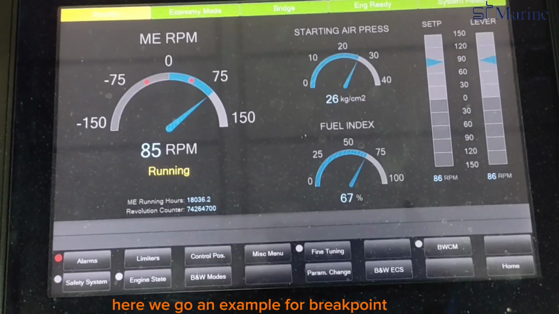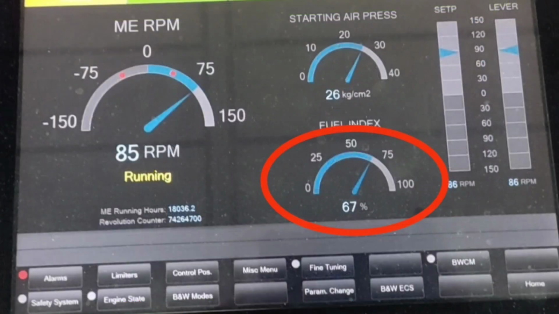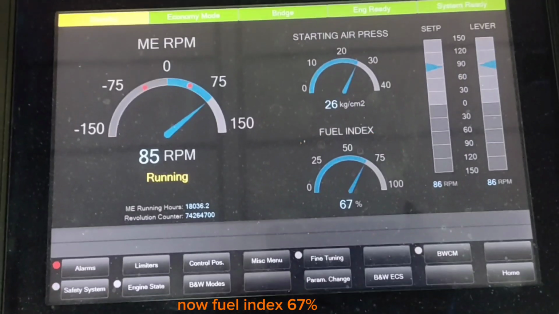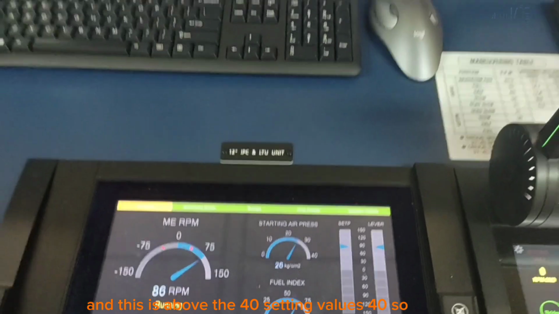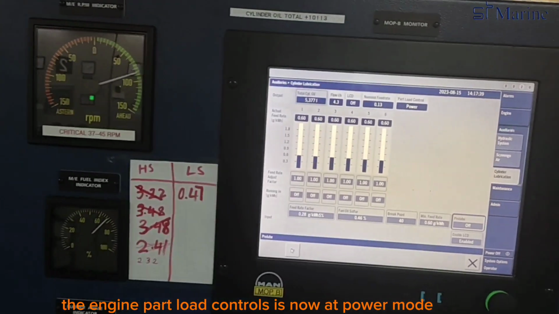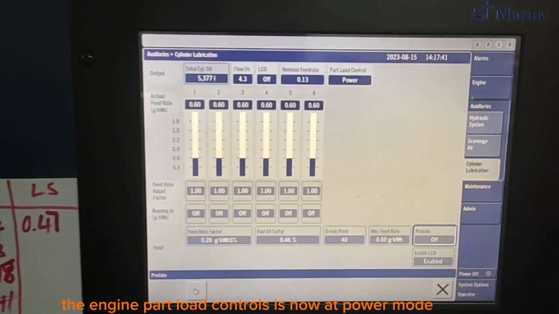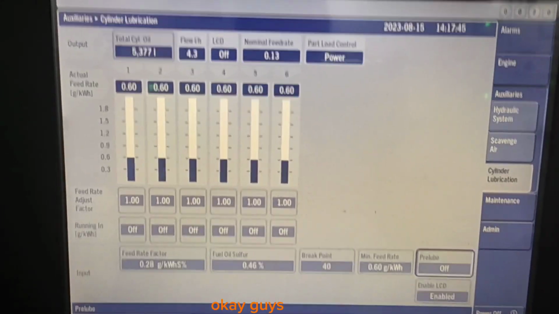Okay guys, here is an example for the breakpoint. Now the fuel index is 67%, and the setting value is 40%, so the engine part load control is now in power mode.